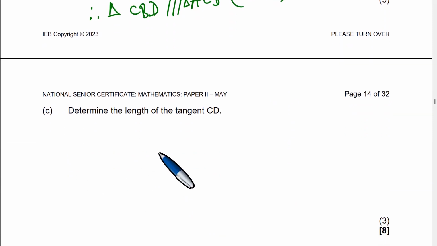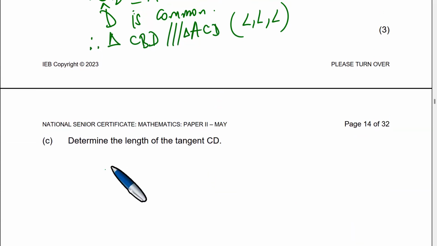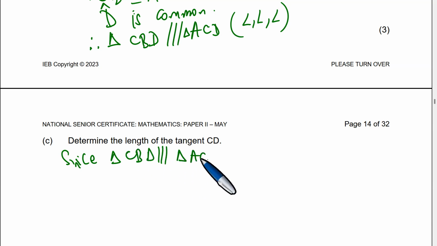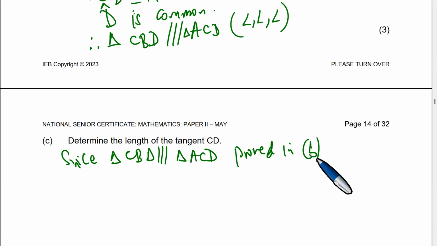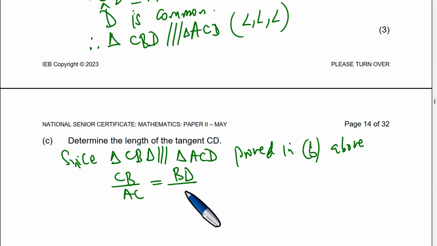Determine the length of CD. To determine the length of CD, you need to say since triangle CBD is similar to triangle ACD, as proved in B above, you have CB over AC, which is BD over CD, which is CD over AD.